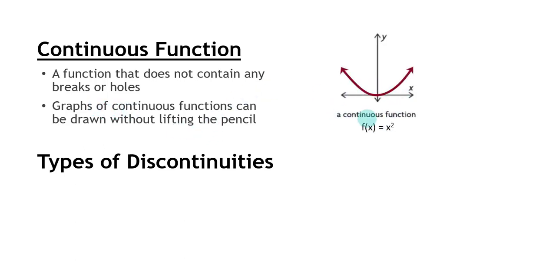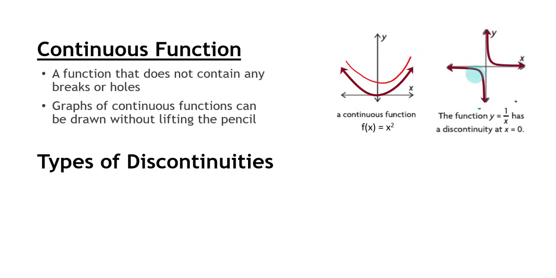This is an example of a continuous function, which we can draw without lifting our pencil, and it has no breaks or discontinuity from one end to the other. But in this case, there is some kind of discontinuity in this graph because you cannot draw it without lifting your pencil. You have to first draw the left part and then move on to the right part.